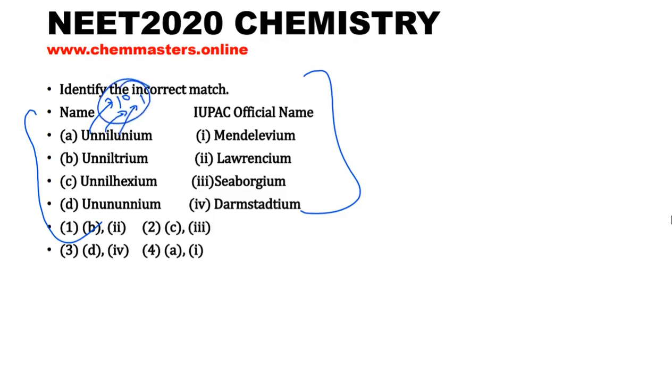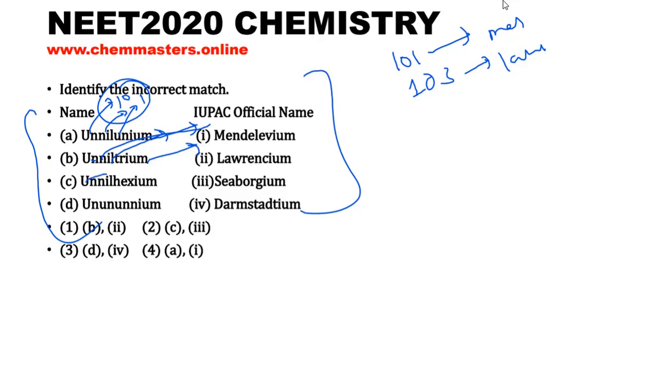So 101 atomic number. For that atomic number, it is Mendelevium. So the first matching is the correct one. And now the second one: un means 1, nil means 0, and tri means 3, 103. So for that 103, Lawrencium. So it is also correct matching.